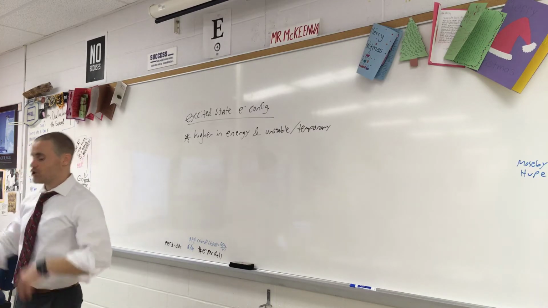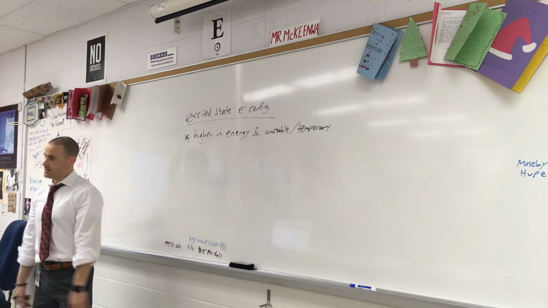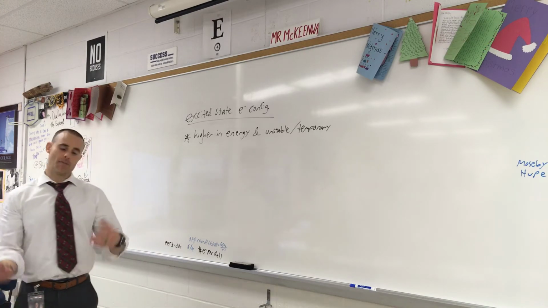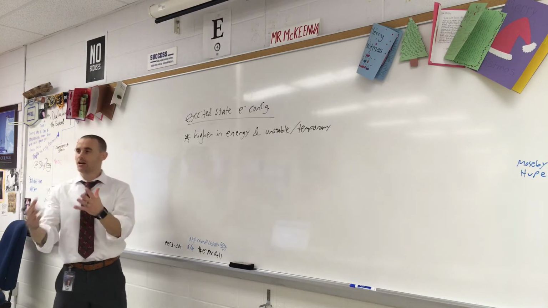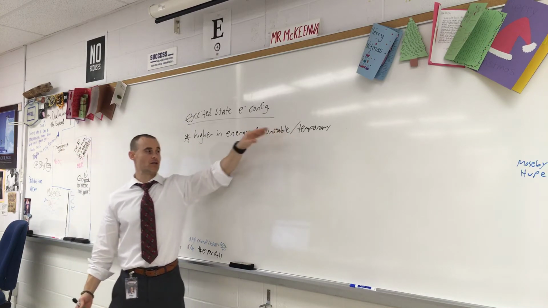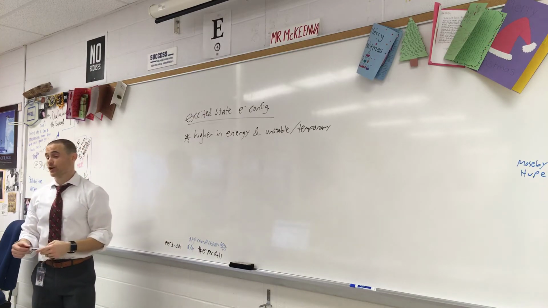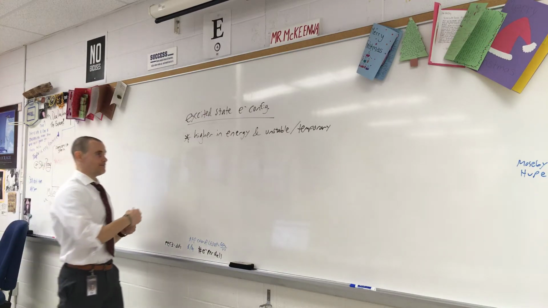An example, this is me jumping up to a higher energy level. I can't stay there. You couldn't either. You have to get back down and live your life. It's a pretty good analogy for why this is unstable and temporary. The electron's not going to stay excited. It's going to go back to the ground state, and usually it happens very quickly.